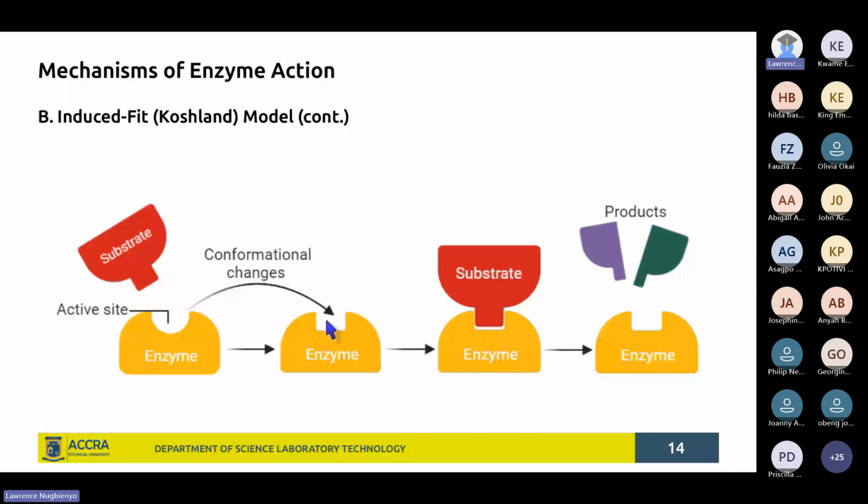And so now the substrate and the enzyme fit, and a reaction on the substrate is catalyzed by the enzyme. Products are formed, which you can see as a breakdown of the substrate into two molecules, released, and a free enzyme is there to carry out further reactions.